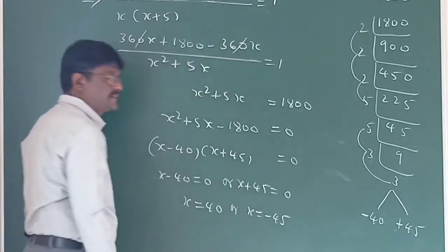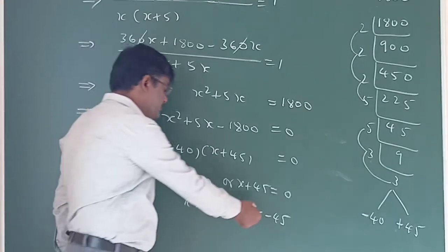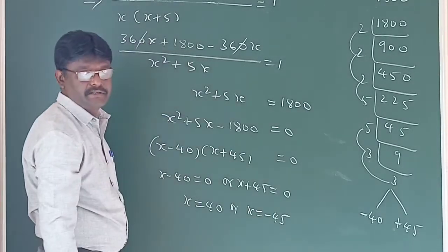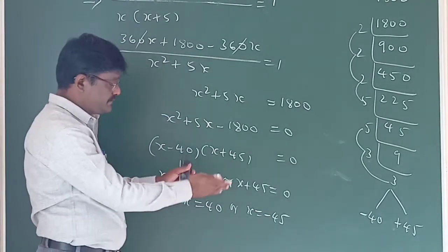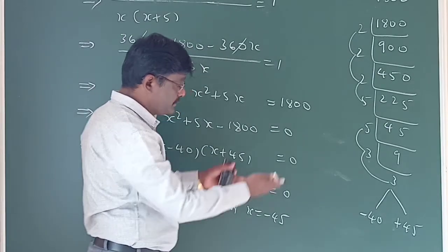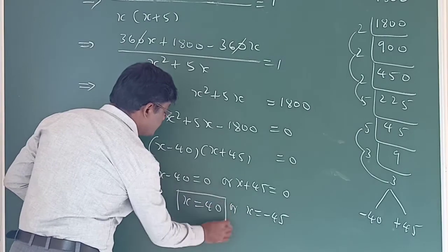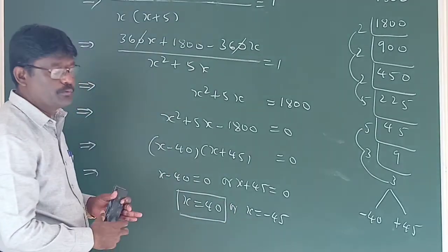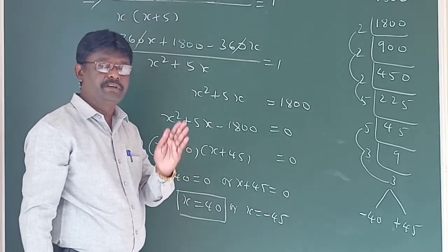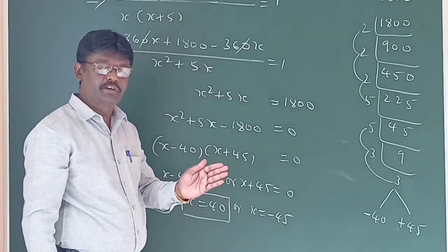In this context, minus is meaningless because it is related to speed. Minus 45 kilometer means will the train go back? No. Therefore here let us take this one. Hence how we have started, let the speed of the train be x kilometer per hour.